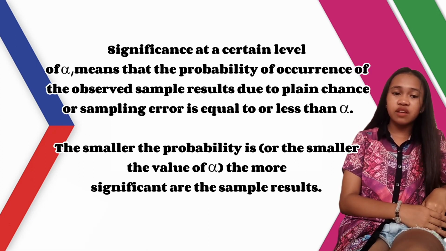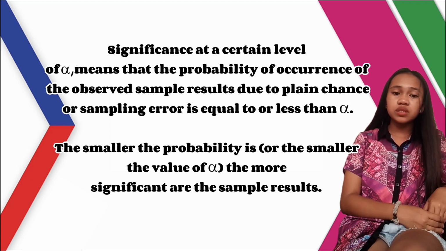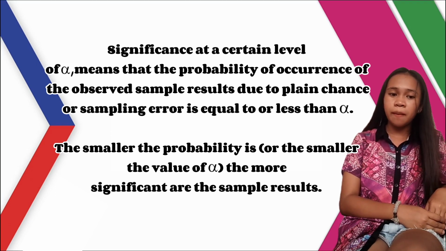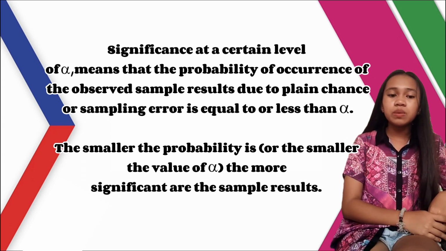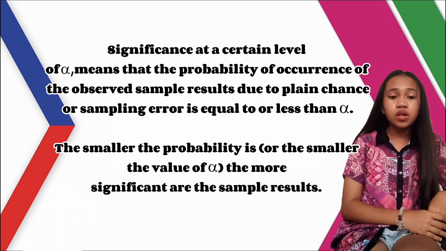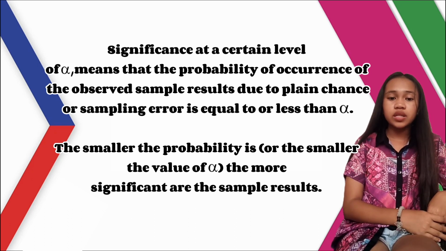Significance at a certain level alpha means that the probability of occurrence of the observed sample results due to plain chance or sampling error is equal to or less than alpha. The smaller the probability is, or the smaller the value of alpha, the more significant are the sample results.